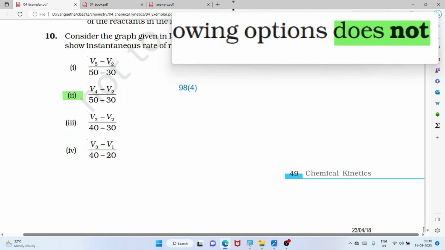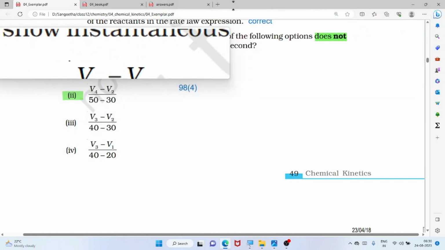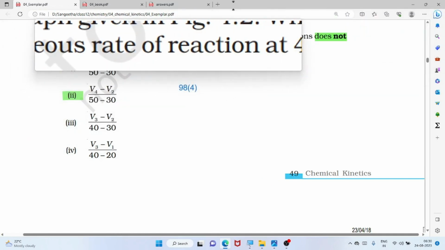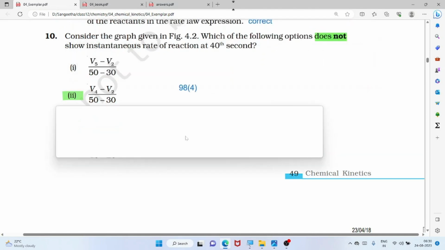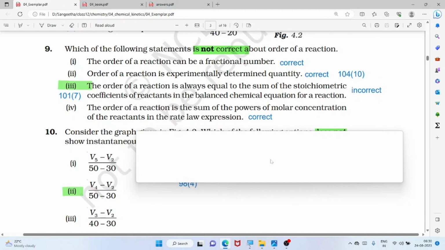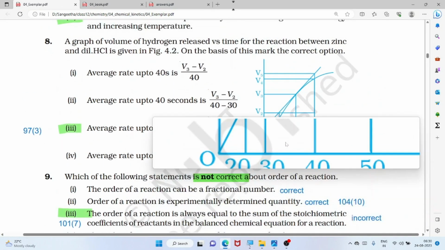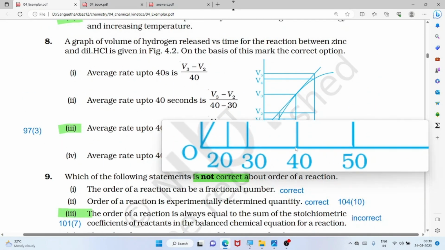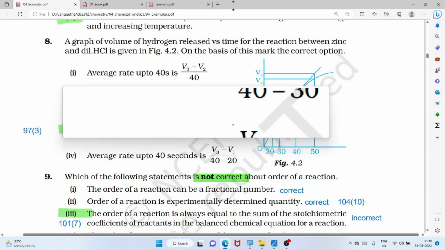They are asking which does not show the instantaneous rate of the reaction at the 40th second. Okay, they are asking the 40th second, not at the 50th second.